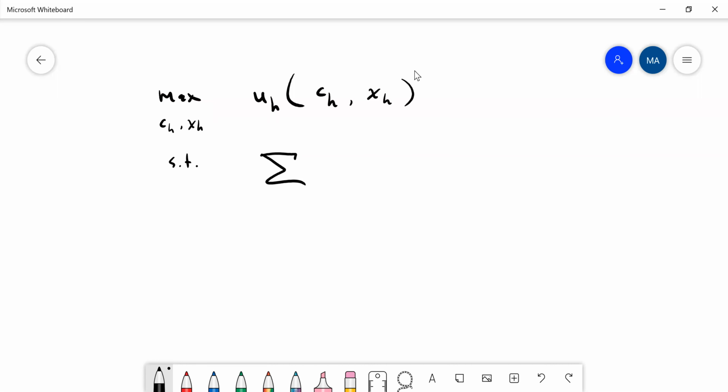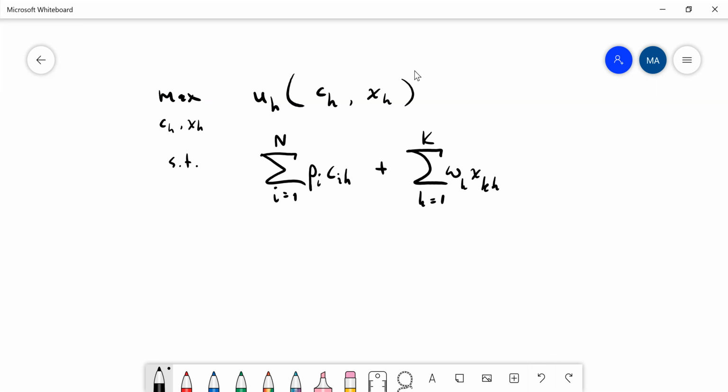So from i to N, we have P_i C_ih, right? This is the consumption expenditure. Then we have, I'm going to explain it in a moment, omega_k x_kh, right?